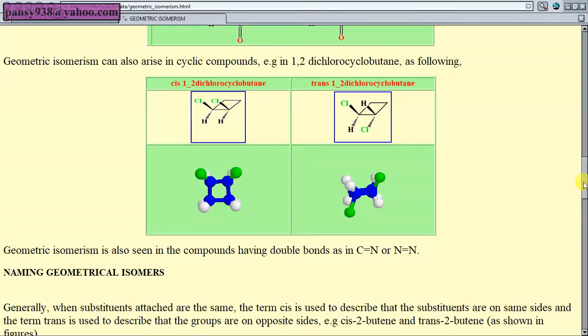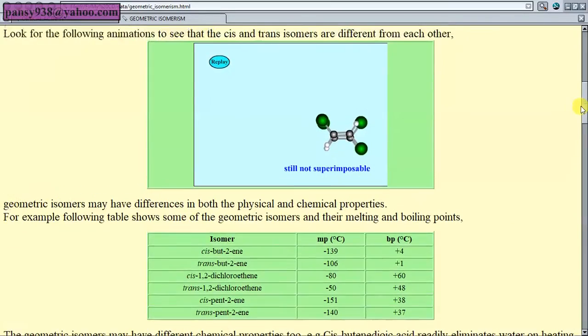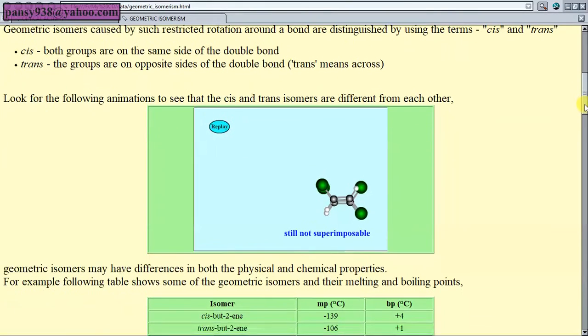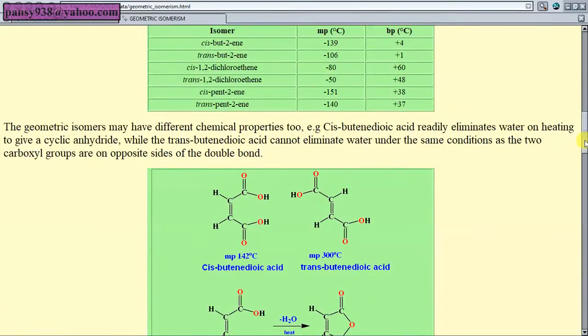Now see how they are named. The old method of naming was cis and trans. Cis when both groups are on the same side, and trans when both groups are on trans positions or across positions. But we have told you that this also creates some problems.